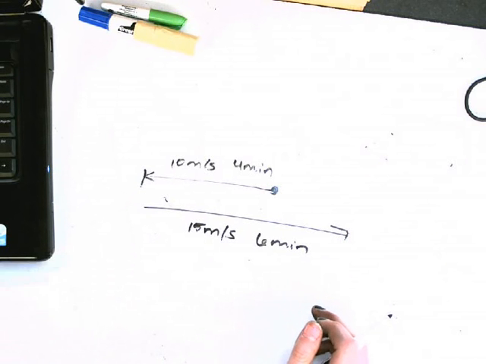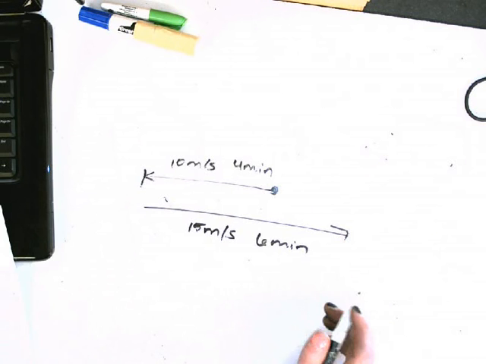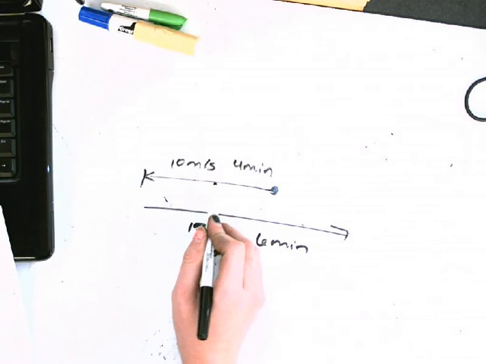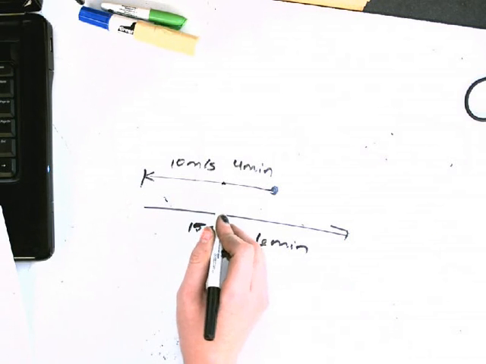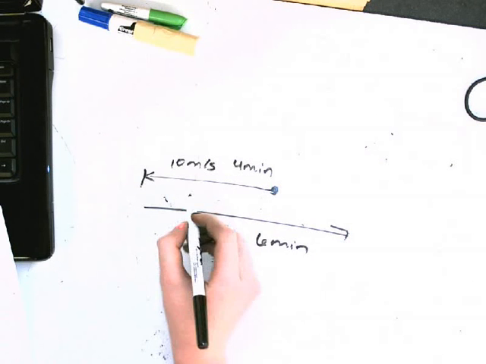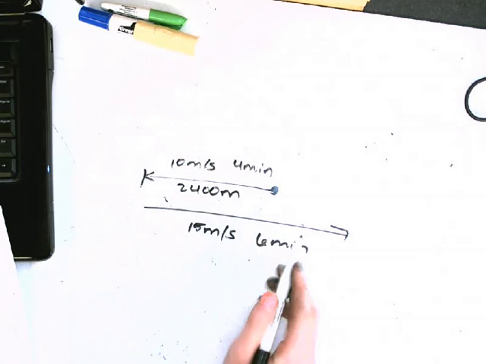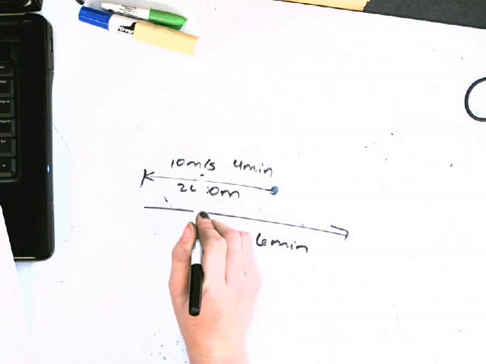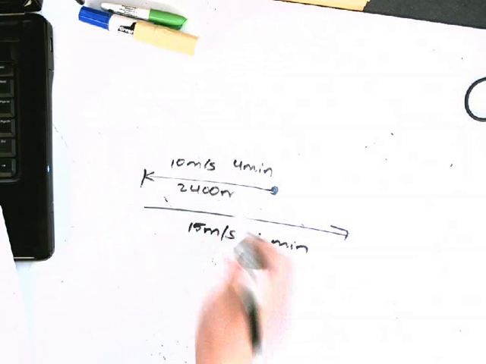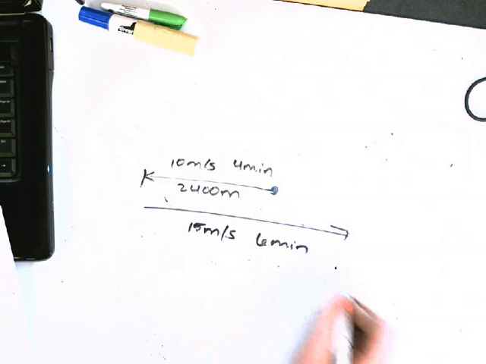So this distance here would be equal to 2,400 meters, because that's how far you travel for 4 minutes if you're going 10 meters per second. And this distance from here to here is equal to 5,400 meters.